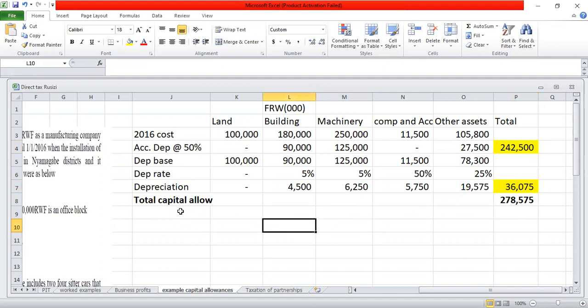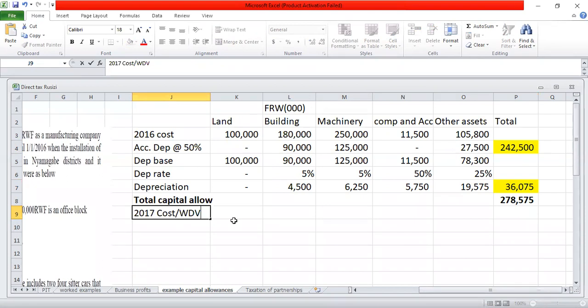Now, when I come to 2017, now I recognize the cost or I recognize the written down value. For assets which depreciate on cost, I recognize the cost.